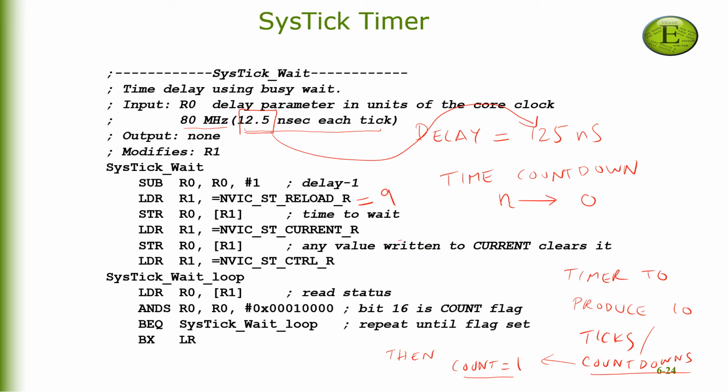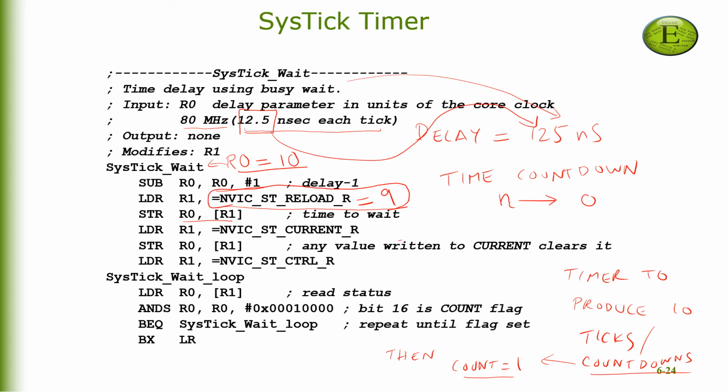So what we do is that we put the value 10 into register R0, and then we decrement the value and then store that value using index addressing to the NVIC reload register. That's the ultimate objective.